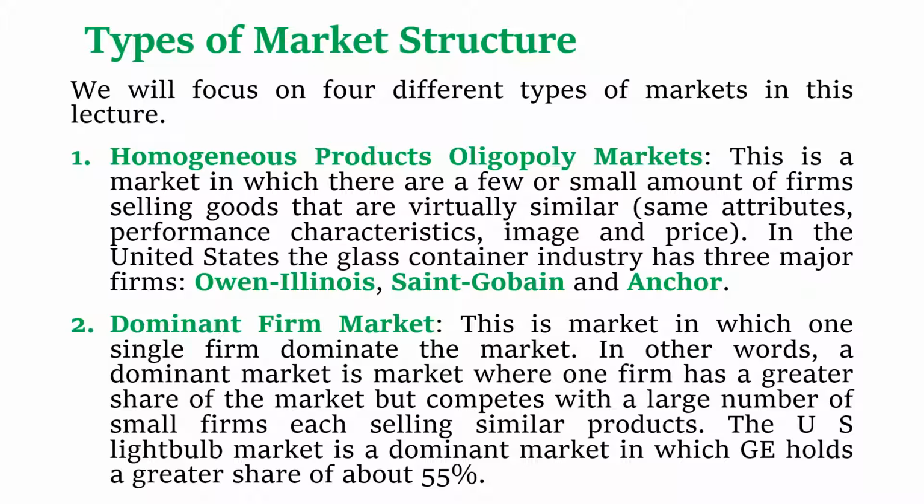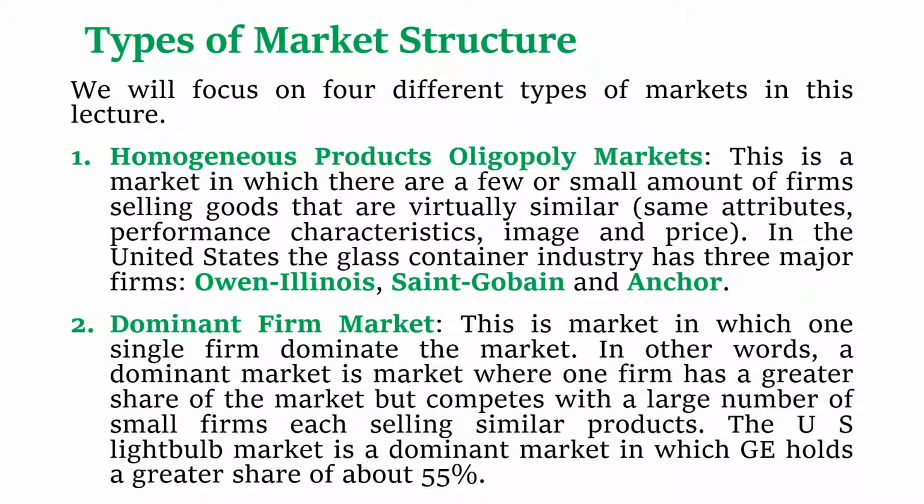So as I said earlier, here we're going to focus on four different types of markets. You have the first market, which is called the homogeneous product oligopoly market. This market is one in which there are a few firms selling goods that are the same, that look the same.